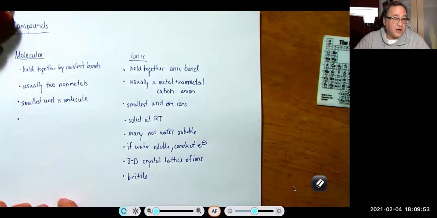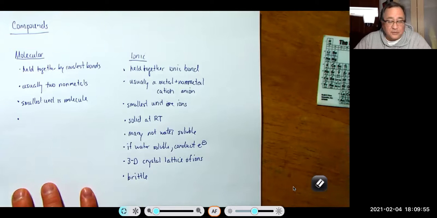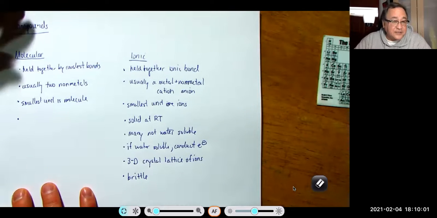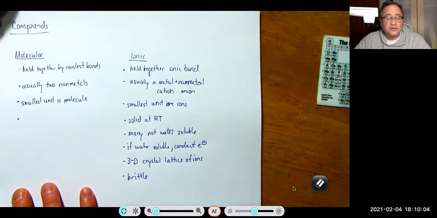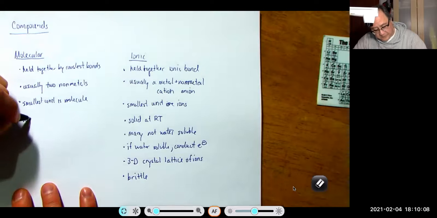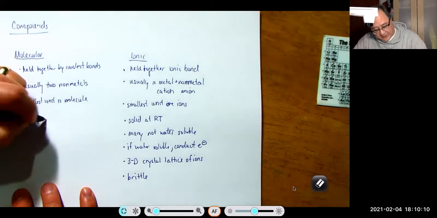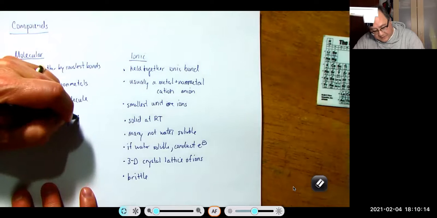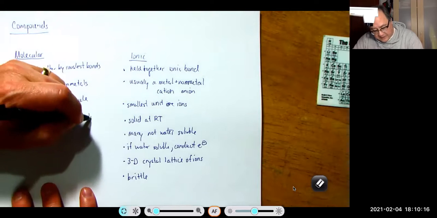And for these molecular compounds, some are a gas at room temp, like butane, methane. Some are a liquid at room temp, like gasoline. And some are solid at room temp, like sugar. Some are gas, some liquid, and some solid at room temp.